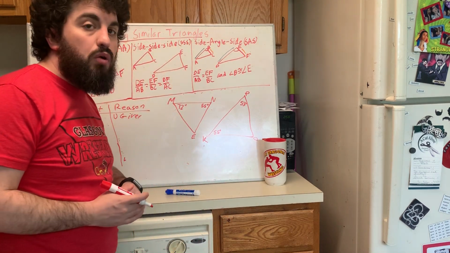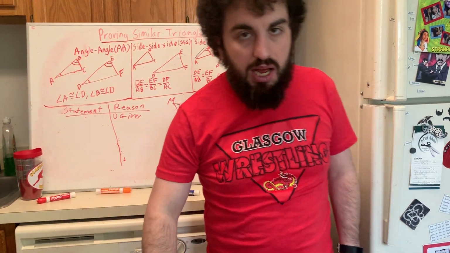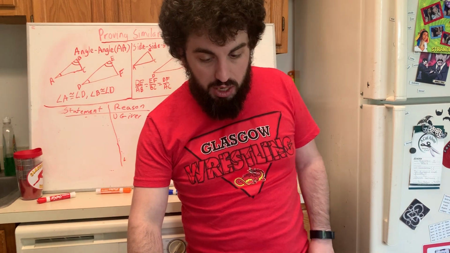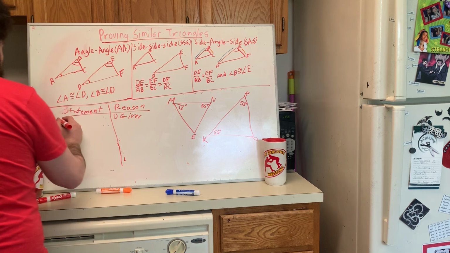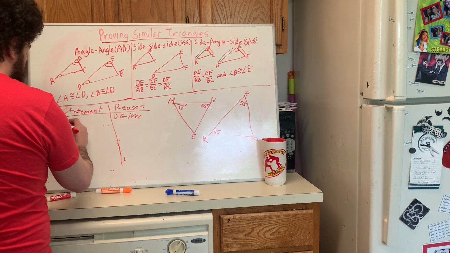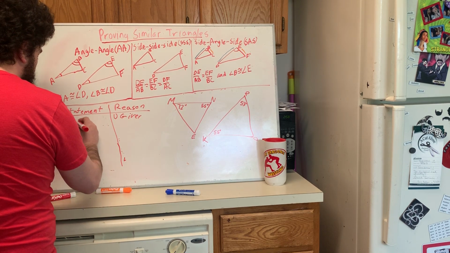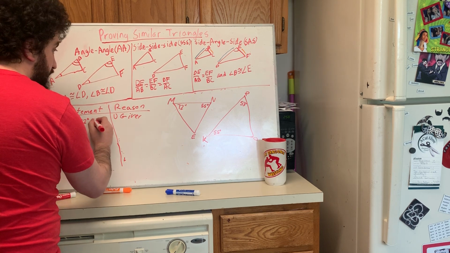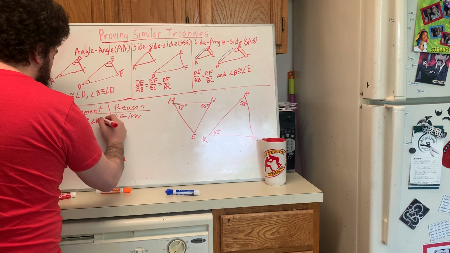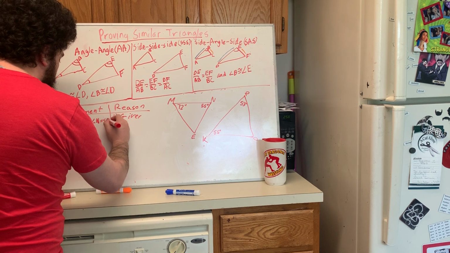So right away, I'm going to list my given angles. So I know that some angles are given to me, some are not. So I know angle M is equal to 72 degrees. Angle N is 55 degrees.